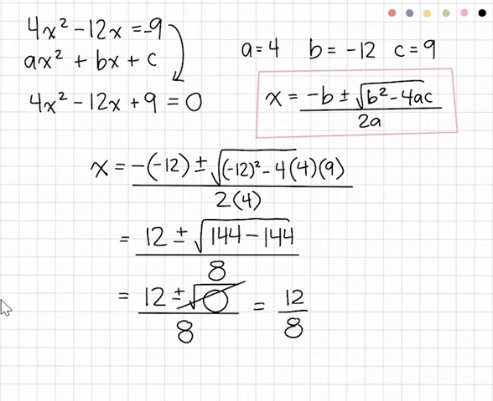Because this is a 0, which means my root is equal to 3 over 2, or if you were writing it in decimal form, it'd be equal to 1.5.